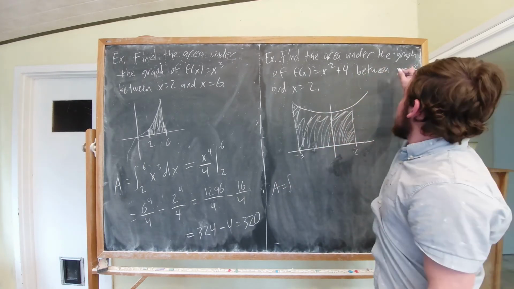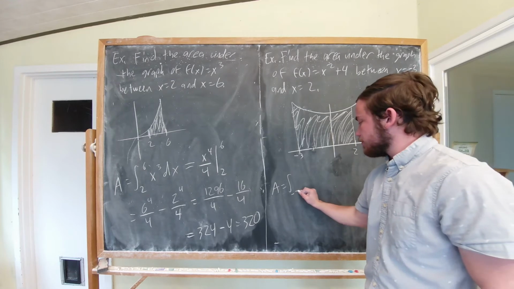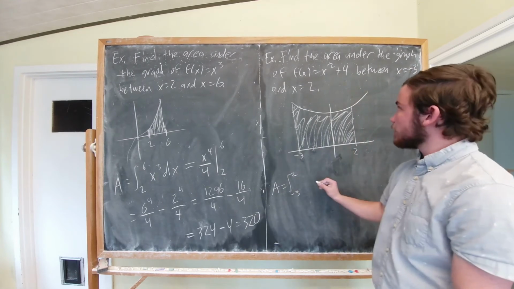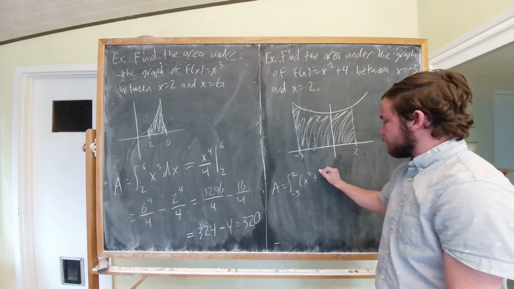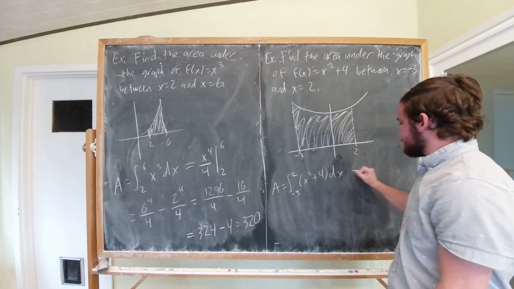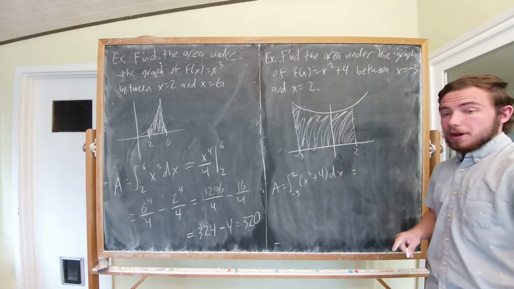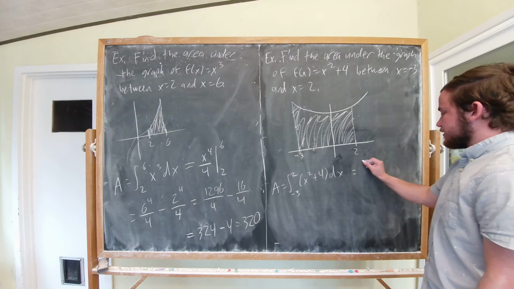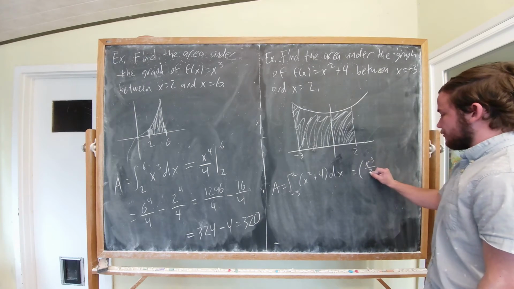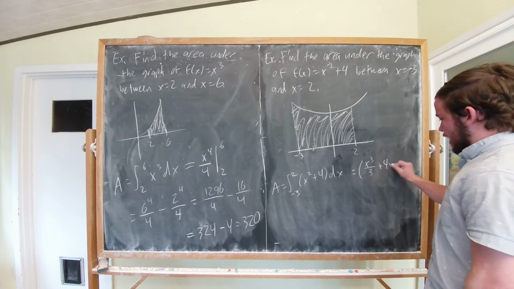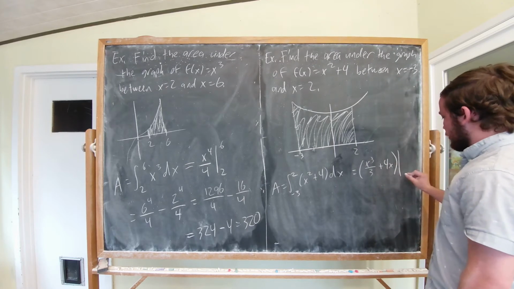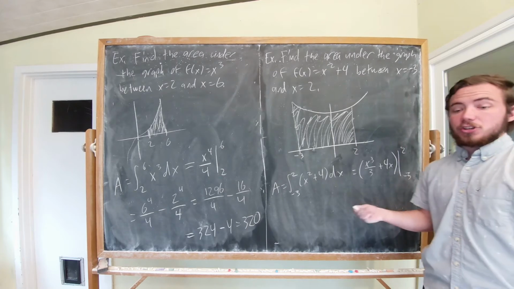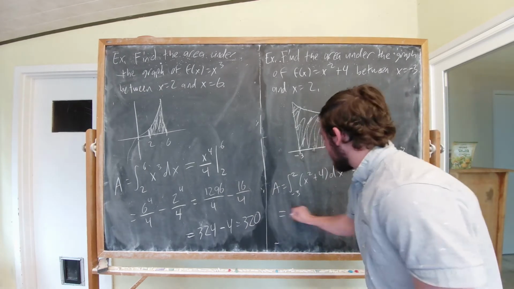It's going to be the integral from -3 to 2, so moving left to right, -3 to 2, of x squared plus 4 dx. Okay? Applying all our indefinite integral rules, that tells us that's x cubed over 3 plus 4x going between -3 and 2. And now it's just plugging in and juggling.